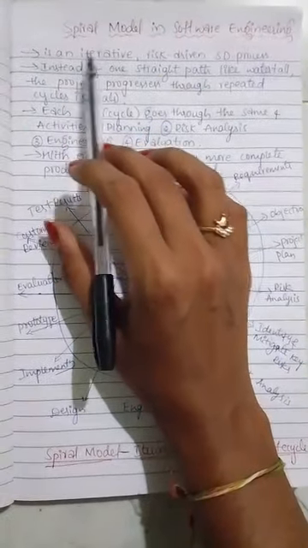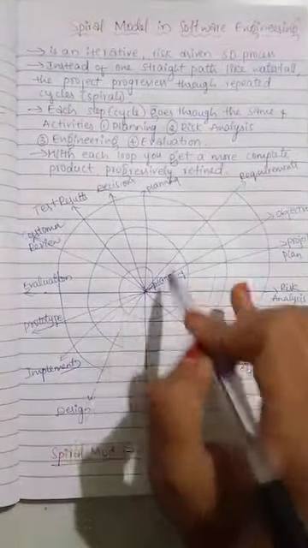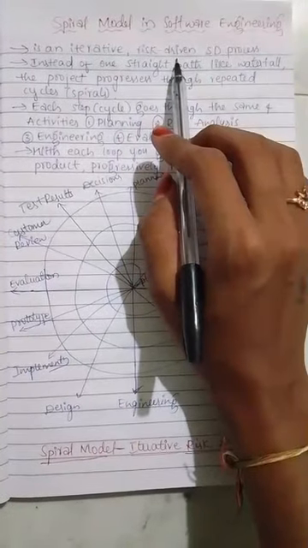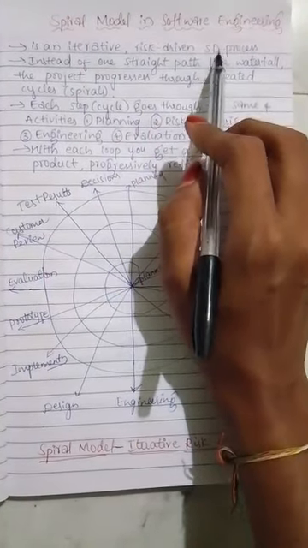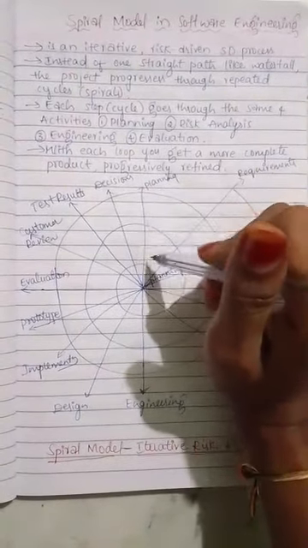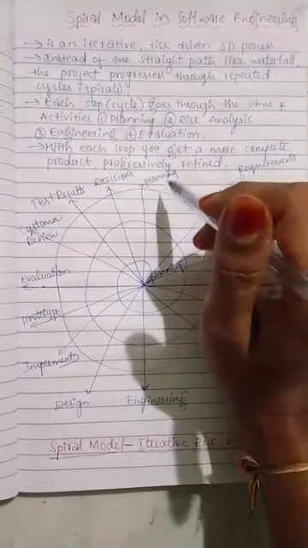The spiral model is an iterative, meaning each loop is considered one iteration, and risk driven software development process. This is the risk driven model, meaning risk is central in this model.